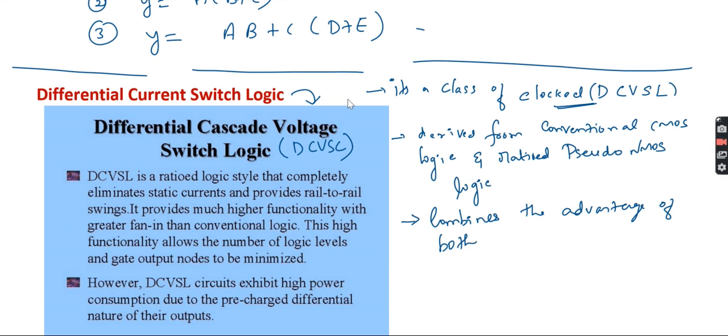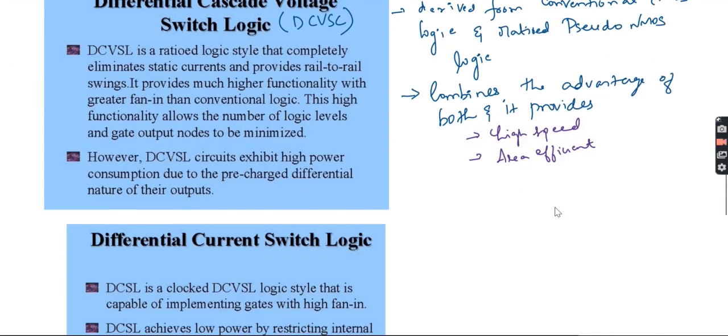Actually, when I combine both, it gives high speed, the circuit will be faster, and the area will be efficient, because you know that ratioed pseudo NMOS has less area, while conventional CMOS is much faster.